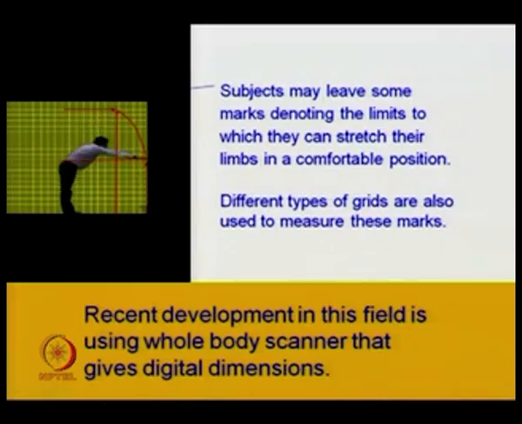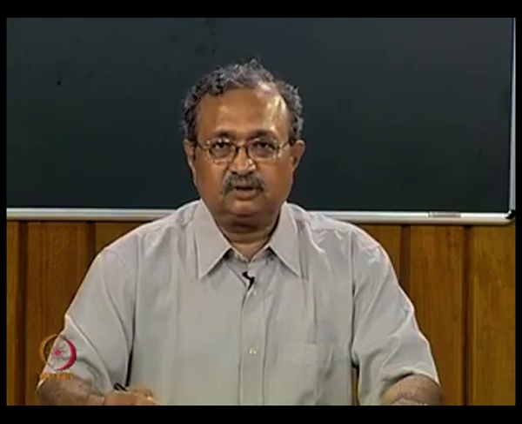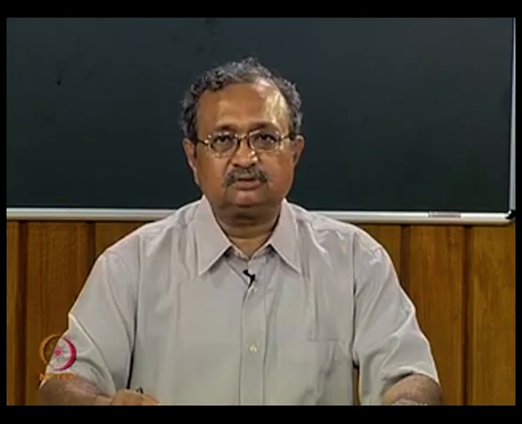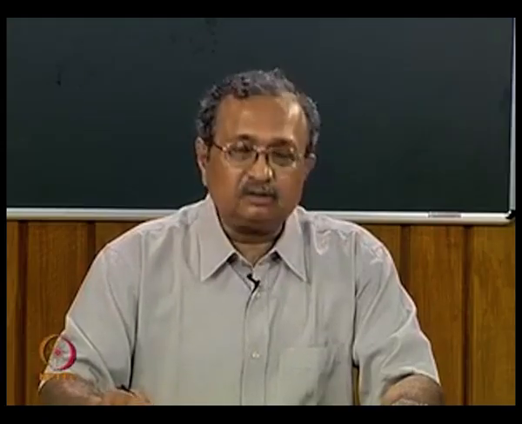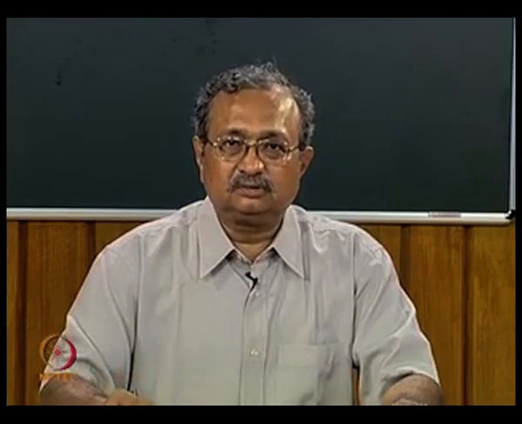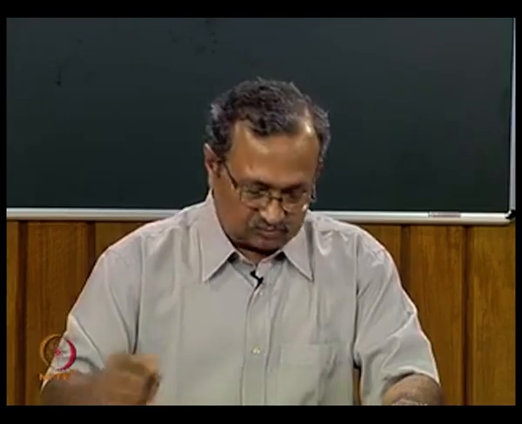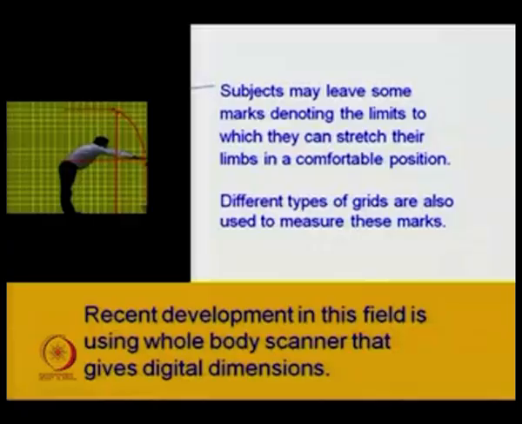Now, whatever we discussed, photography or using direct measuring equipment, these are all direct or indirect, but a recent development in this field is using whole body scanner system that gives digital dimensions.